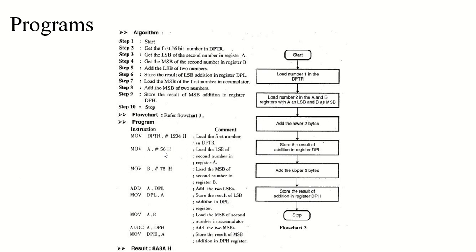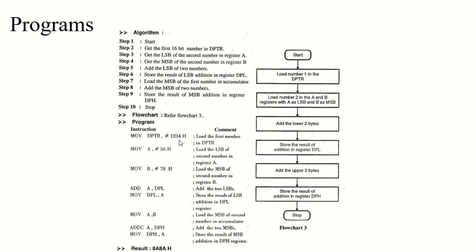We have divided DPTR, the data pointer, into two different sections, which were DPH and DPL. So this 12 will be stored in DPH and this 34 will be stored in DPL. Now we have to add the lower two bytes. Among 1, 2 and 3, 4, which are the lower two bytes? So 3, 4 will be the lower two bytes, right?